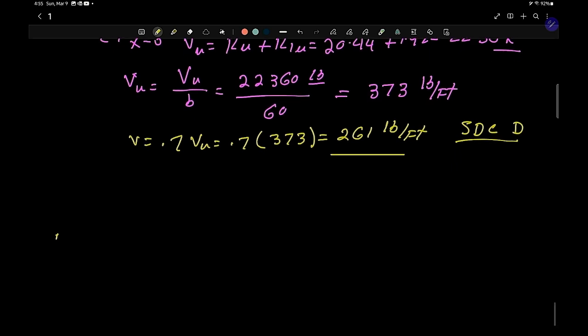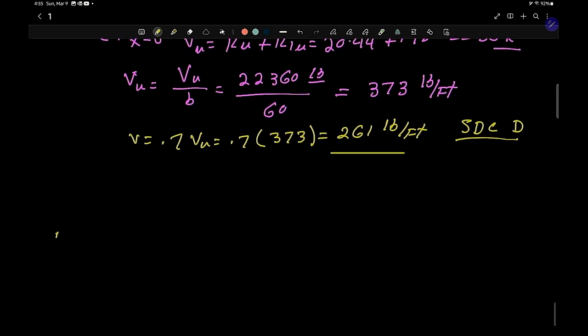So we're going to go to a table from SDPWS, Table 4.3A, and look at that table. Let me see if I can find it.